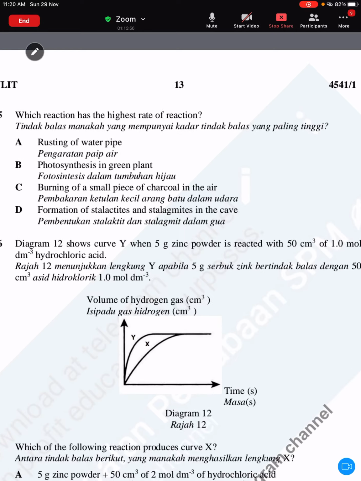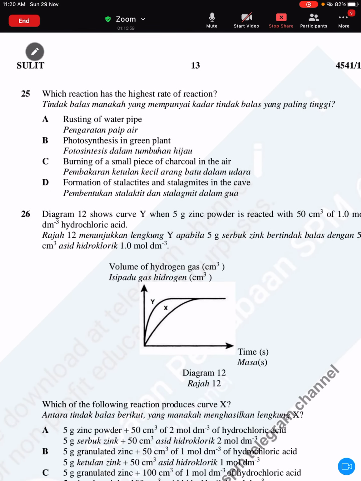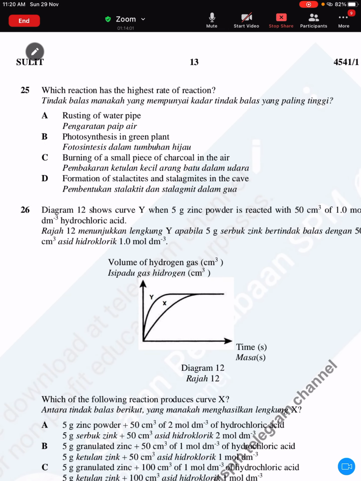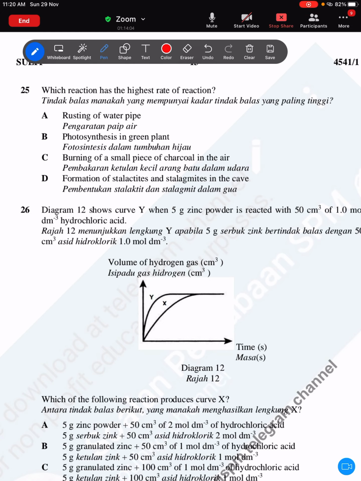Let's do 25 before I give you a break. Which reaction has the highest rate of reaction? Look at them one by one. Rusting. Do you think rust is a high rate of reaction? No, rust is the slowest. Photosynthesis in green plants is quite slow. Burning of a small piece of charcoal in the air.